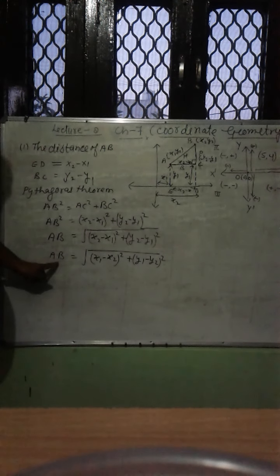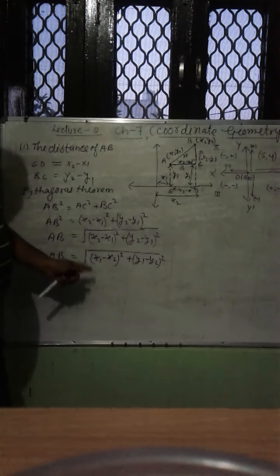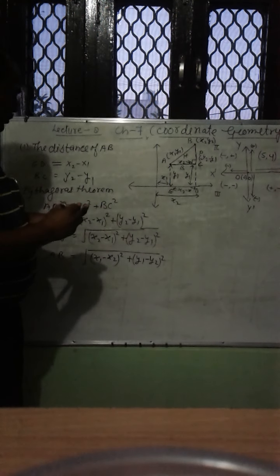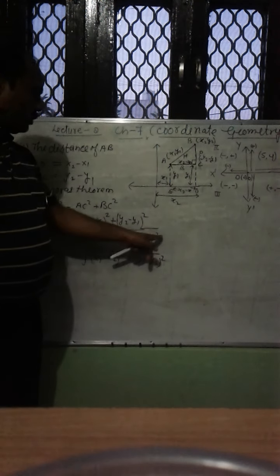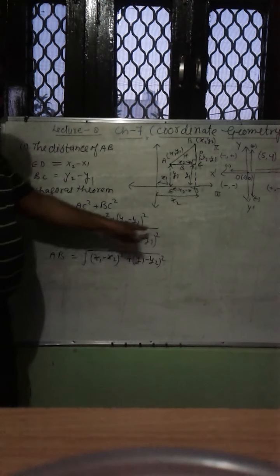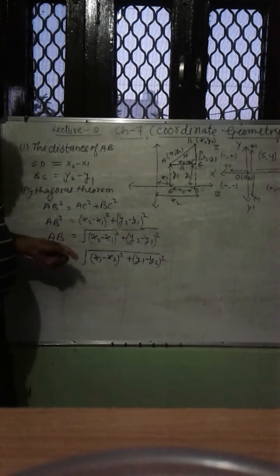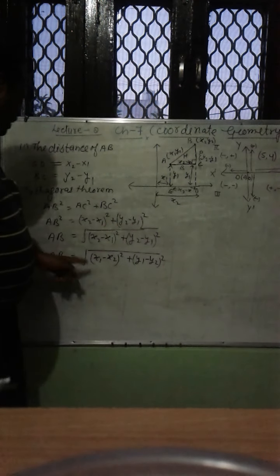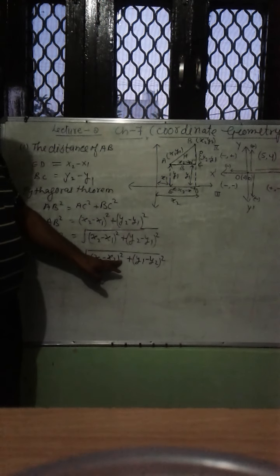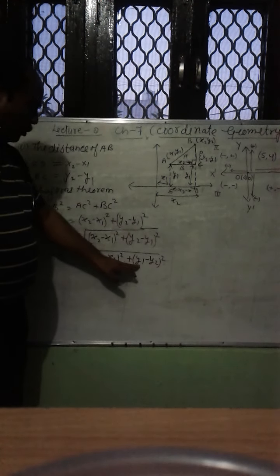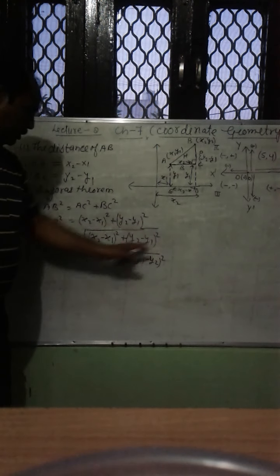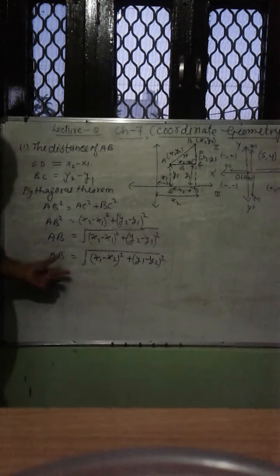This formula and this formula are both the same. Either (x2 minus x1) to the whole power 2 plus (y2 minus y1) to the whole power 2 and their square root is AB, or AB equals the square root of (x1 minus x2) to the whole power 2 plus (y1 minus y2) to the whole power 2.